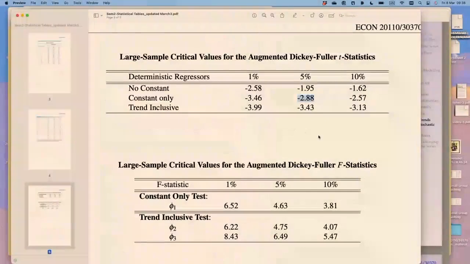So we need to use the critical value associated with a different test. Instead of using the minus 2.88, we should use the critical value minus 3.43 because that corresponds to the trend inclusive test.